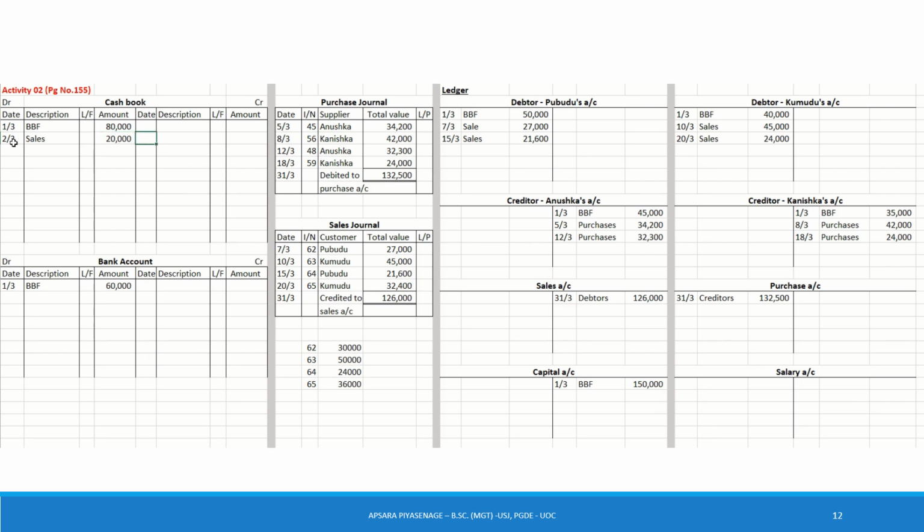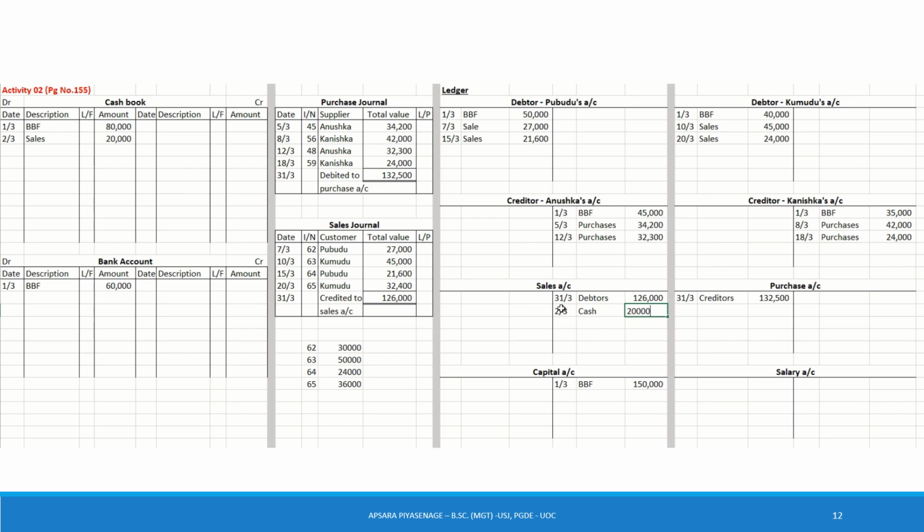So we have to credit the sales account. 2nd of March. Here for the description we write cash. Amount is 20,000.